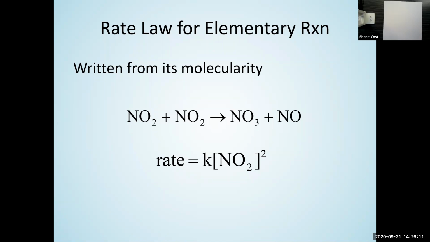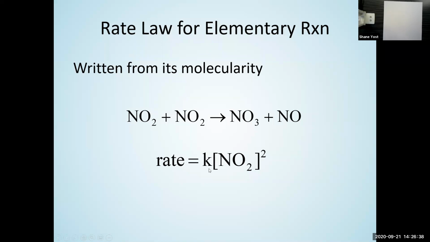And so the rate at which that reaction occurs better depend on the concentration of NO2 and the other NO2, because the more I have, the more collisions I'm going to have, so the faster my reaction should be. Because the elementary reactions are actually describing what is colliding, what is reacting with each other, the rate can be just written from the reaction itself.